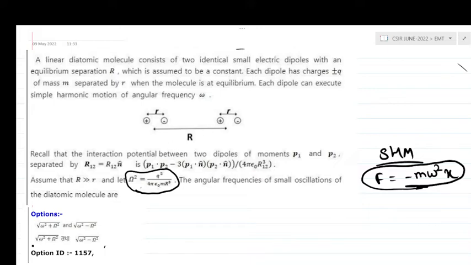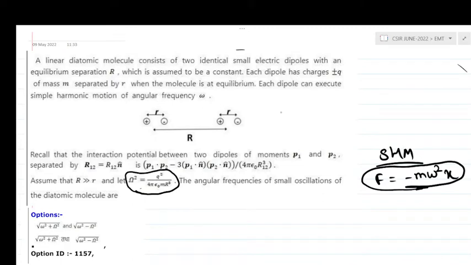So the potential energy, and this is also identical, so P1 vector mod is equal to P2 vector mod, that is P. P is the dipole moment.